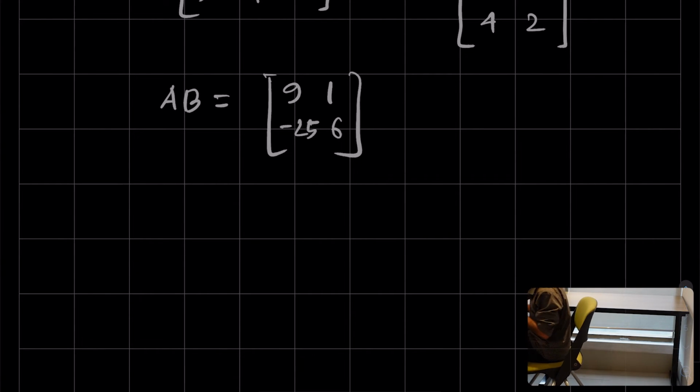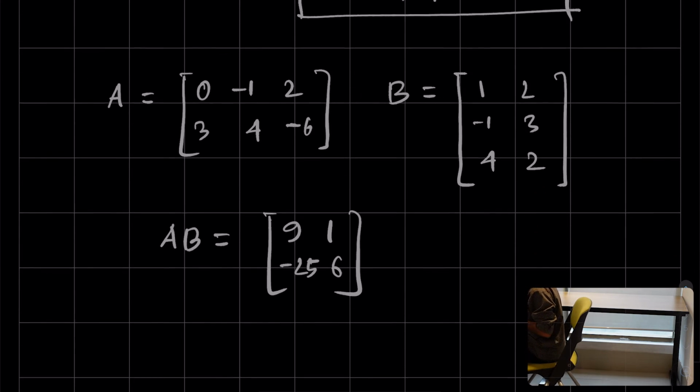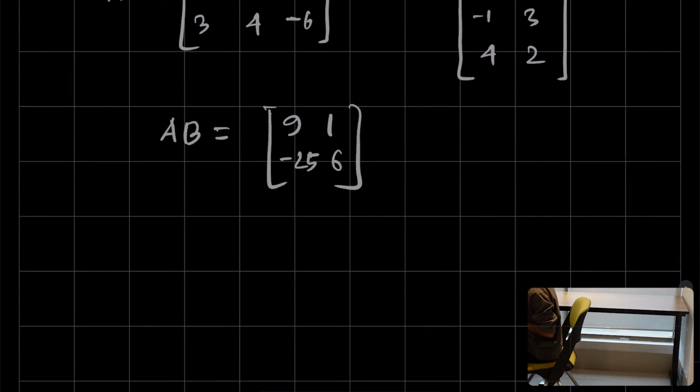If I follow this formula Cij, I can write C11. This is the matrix C. So C11 is 9, right?